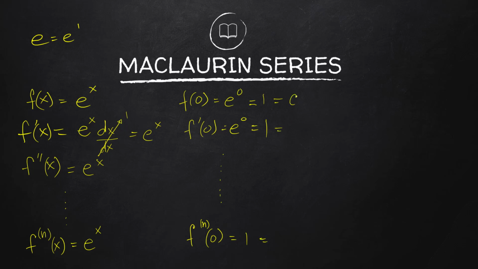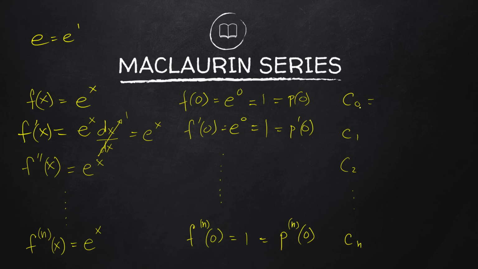the series, P of 0 and P prime of 0. Same with the nth derivative of P evaluated at 0. Now, we have your constants, c sub 0, c sub 1, c sub 2, up to c sub n.